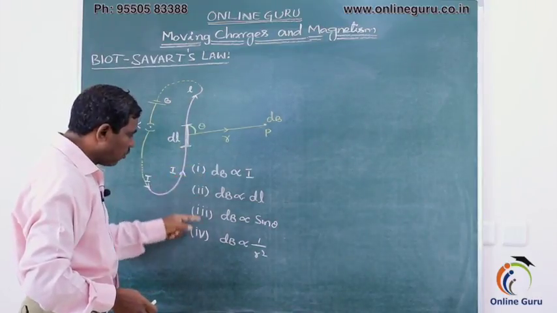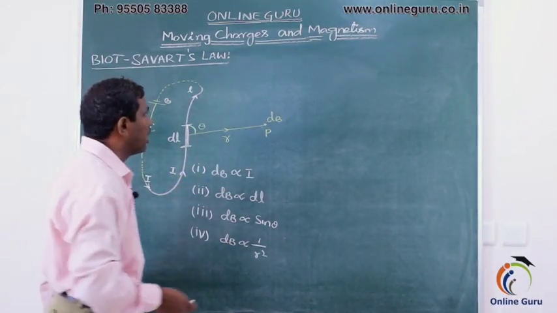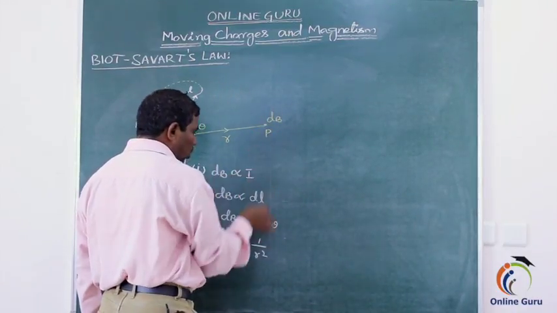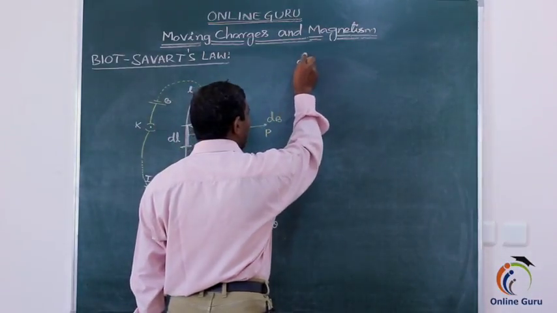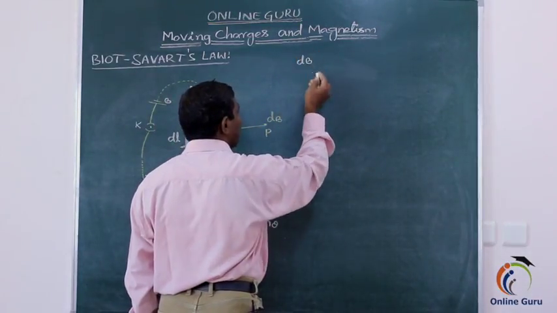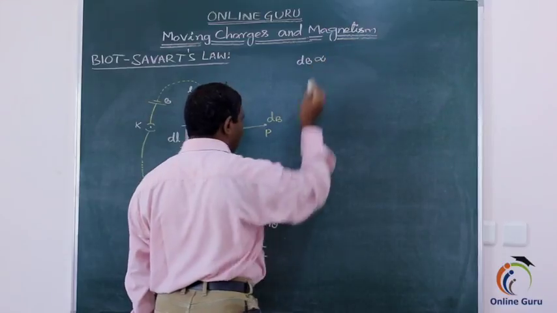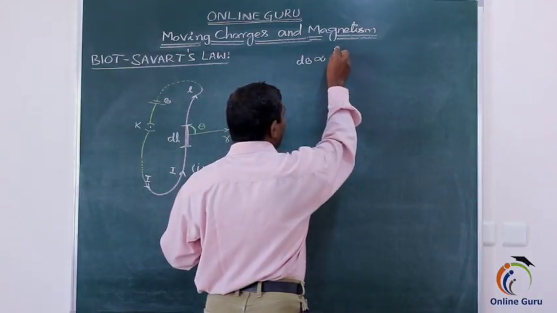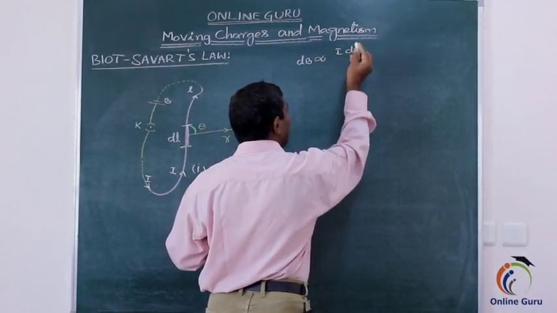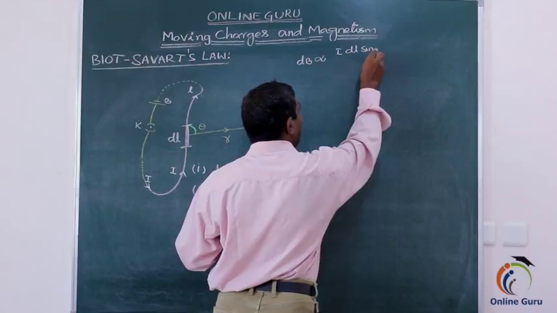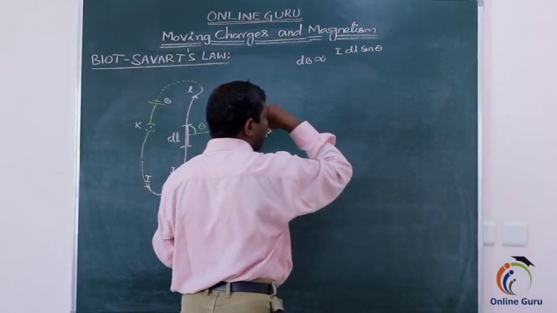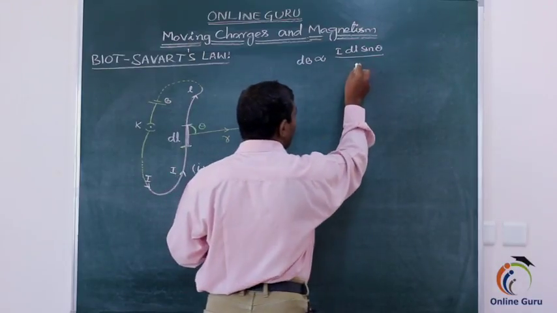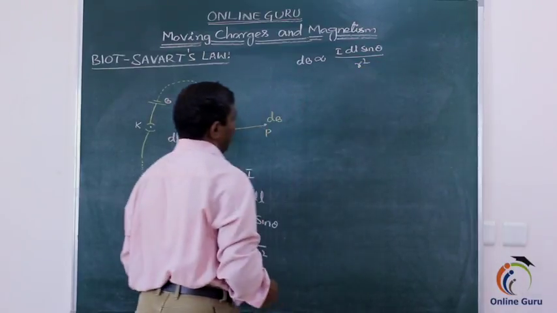Combining all these four relations, we can get one relation for the magnetic induction at a point P due to the current element. The magnetic induction dB is directly proportional to the current I, the element dl, and the sine of the angle theta subtended by the current element and the line joining to the point, divided by r square.